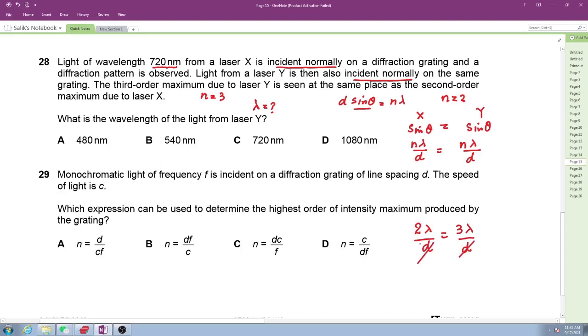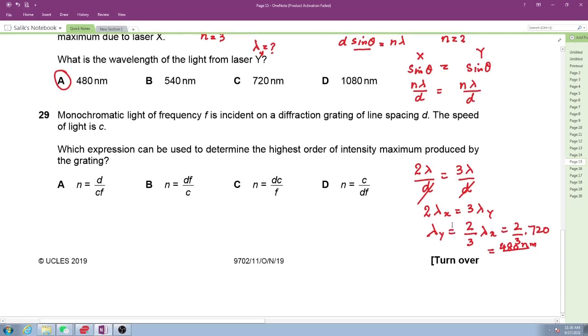So 2 lambda X equals 3 lambda Y, and we are interested in the wavelength of Y. So lambda Y equals 2 by 3 into lambda X, which is 2 by 3 into 720, and our answer is 480 nanometer.